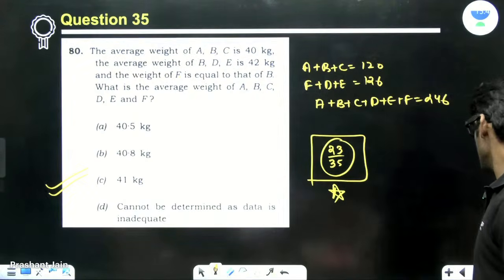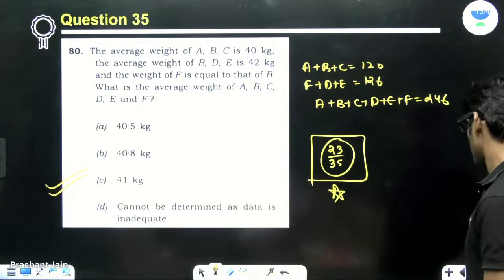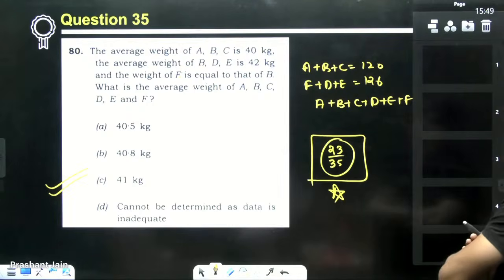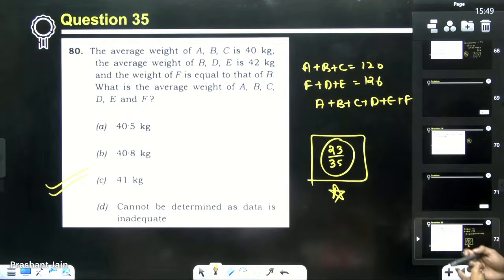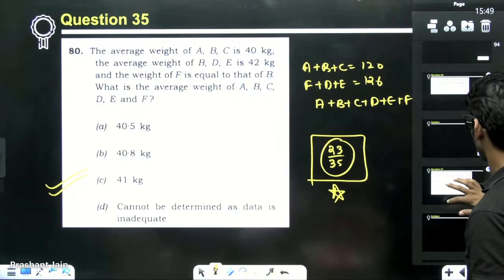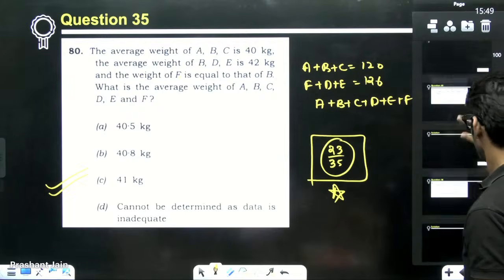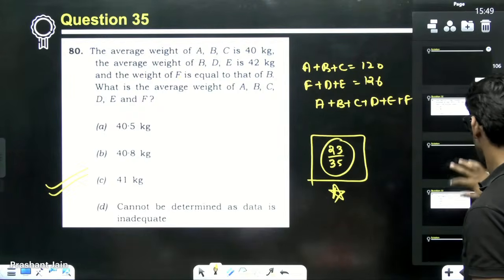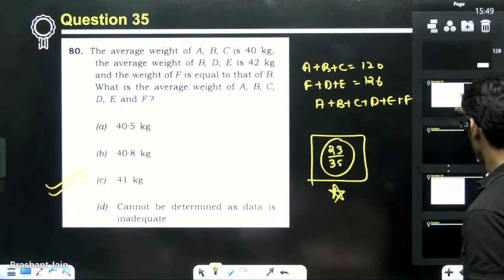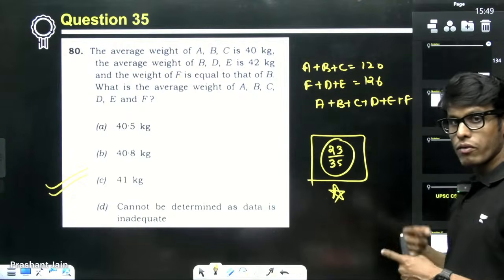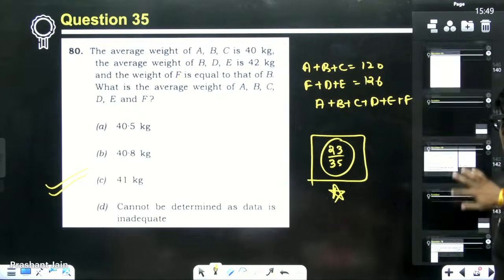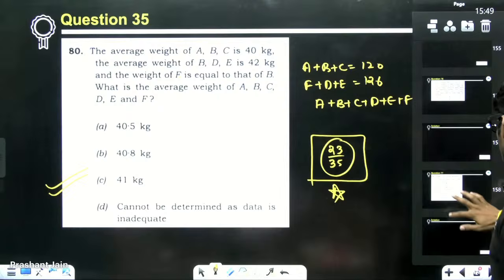Okay, let's move on to the UPSC 2025 first. We'll do 2025 first, so that we have coverage of the most recent one as well.